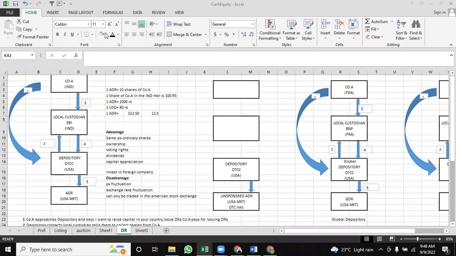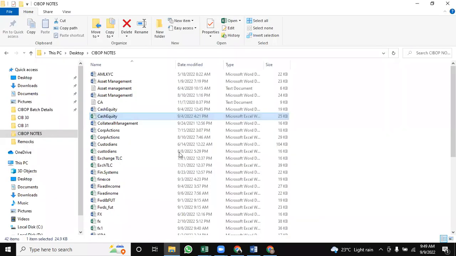No, ma'am, everyone's sorted on cash equity. Okay, so the next chapter was fixed income. What questions from fixed income? There were two questions, I think. One was securitization and one was inflation index bond.